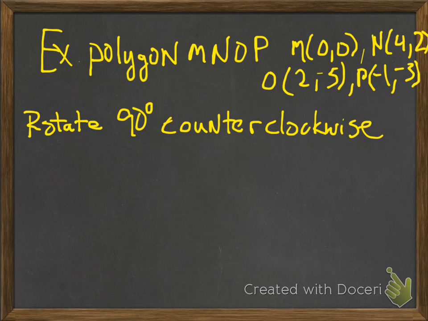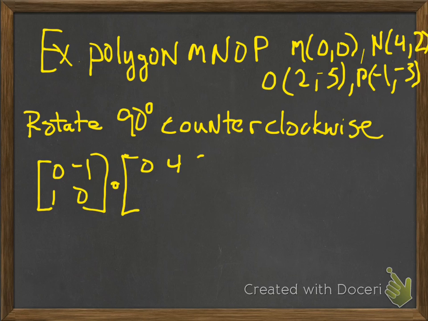So again, the rotation matrix first. So it should be 0, negative 1, 1, 0 times, going across, 0, 4, 2, negative 1, then 0, 2, negative 5, negative 3.